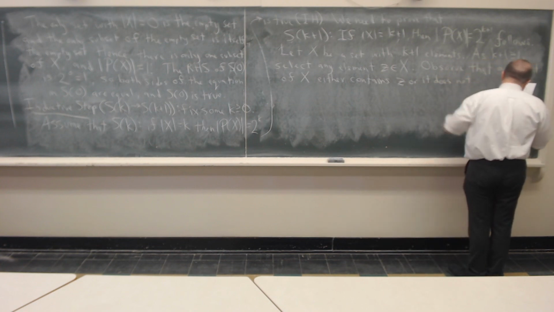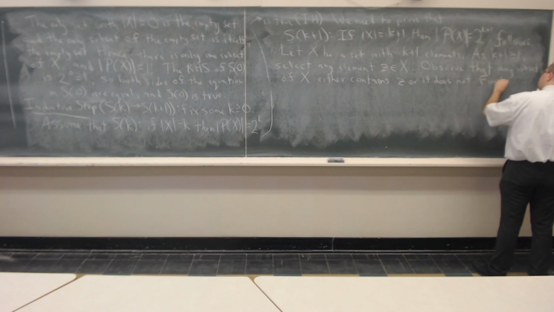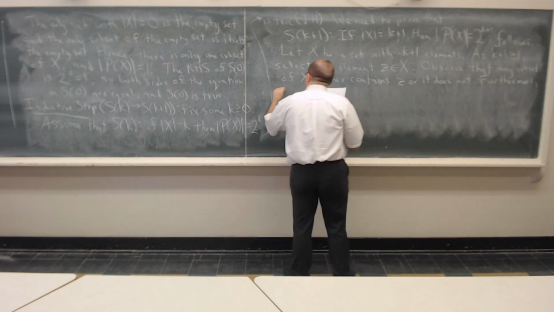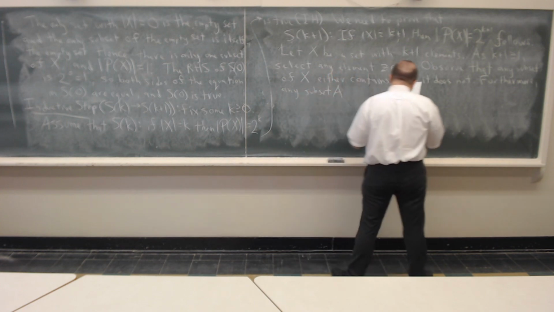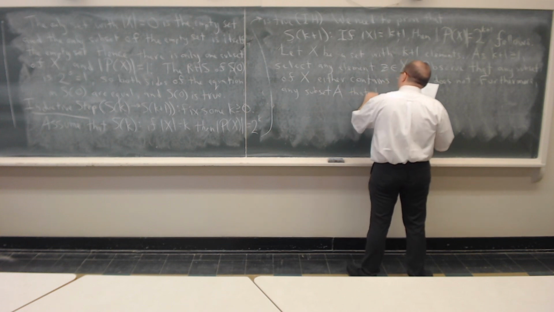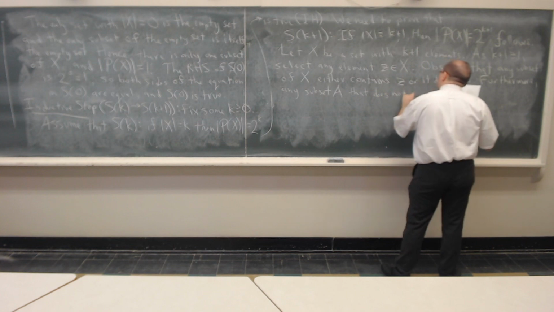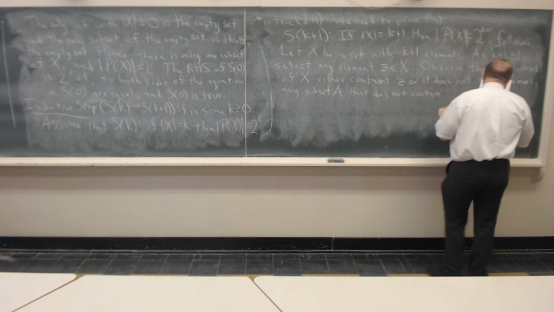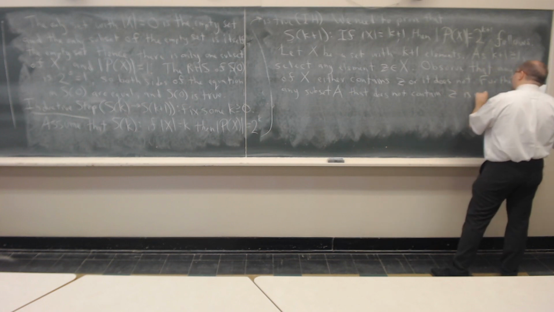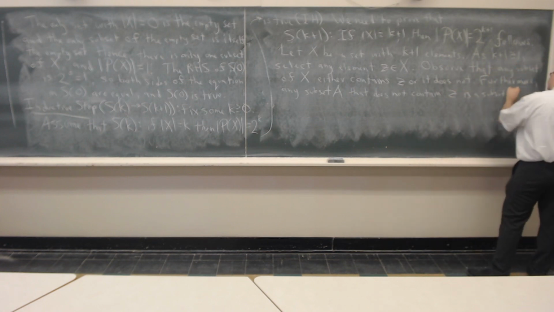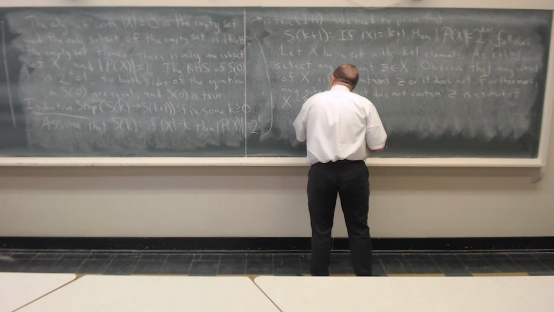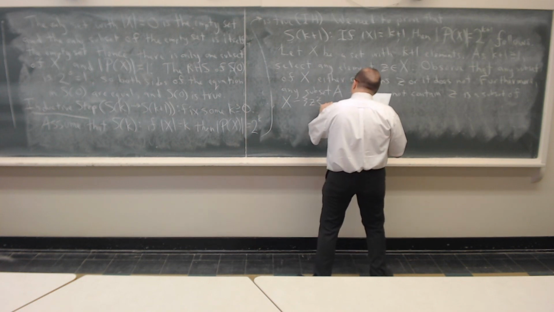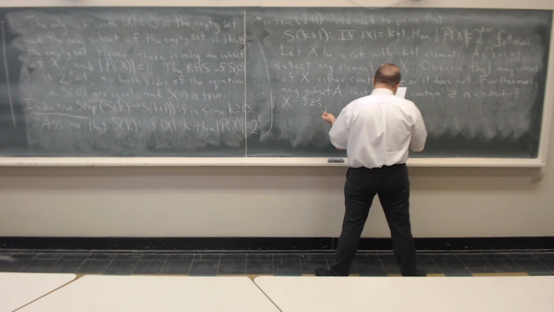Furthermore, any subset, I'm going to give it a name, I'll call it A, any subset A that does not contain z is a subset of x set minus z. I think that's a good place to stop for the sentence.